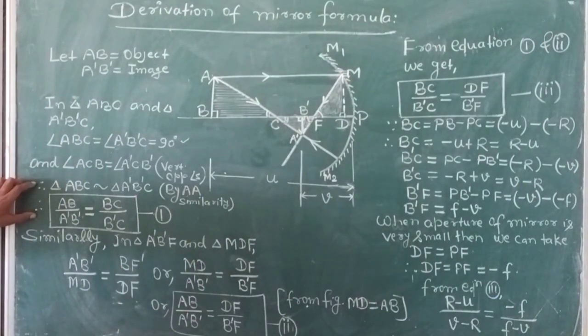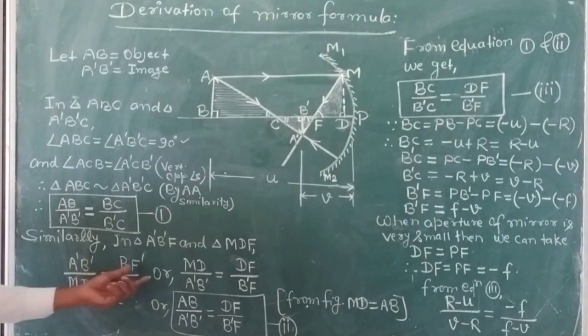In equation first we see that A dash B dash is in the denominator, while in this equation A dash B dash is in the numerator. To equate these two equations, we can take the reciprocal of these two terms.